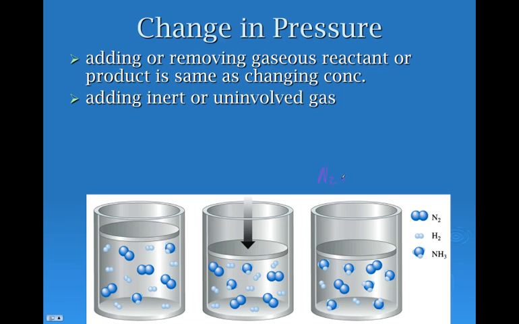It was N2 plus H2 goes to NH3, and this is an equilibrium, so it's going both ways. If we balance this, it was 2 on this side, and 3, so that was 4 total. So if we increase the pressure, which decreases the volume, we're going to have more NH3 when all is said and done. And you can see that that is true.